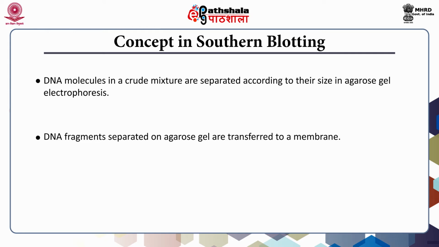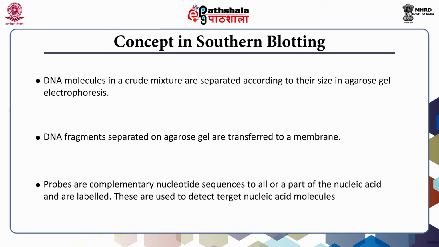Finally, DNA probes are often used to detect the nucleic acid molecules with sequences that are complementary to all or part of the probe. The probes are complementary nucleotide sequences to all or part of the nucleic acid and are labeled and used to detect nucleic acid molecules.